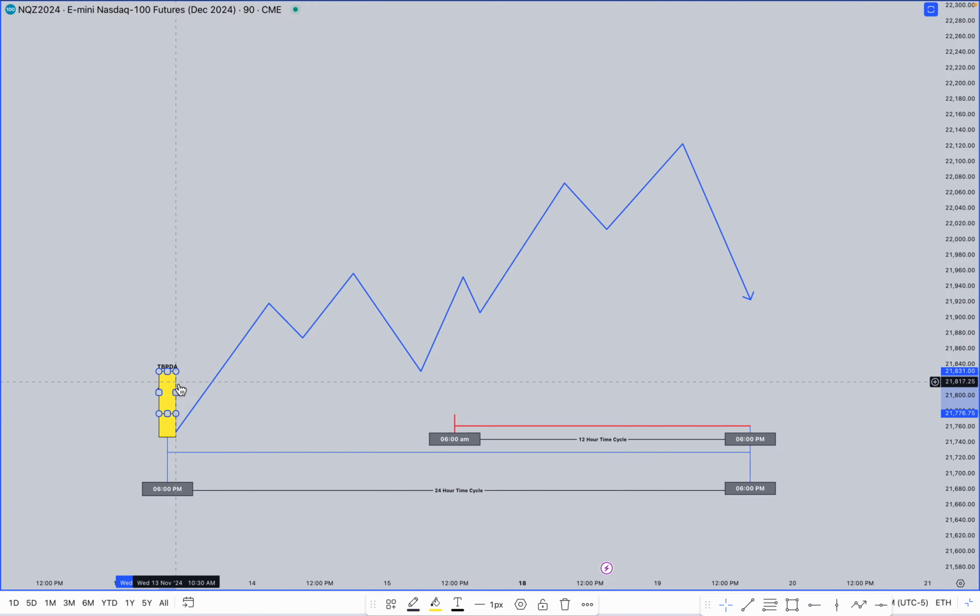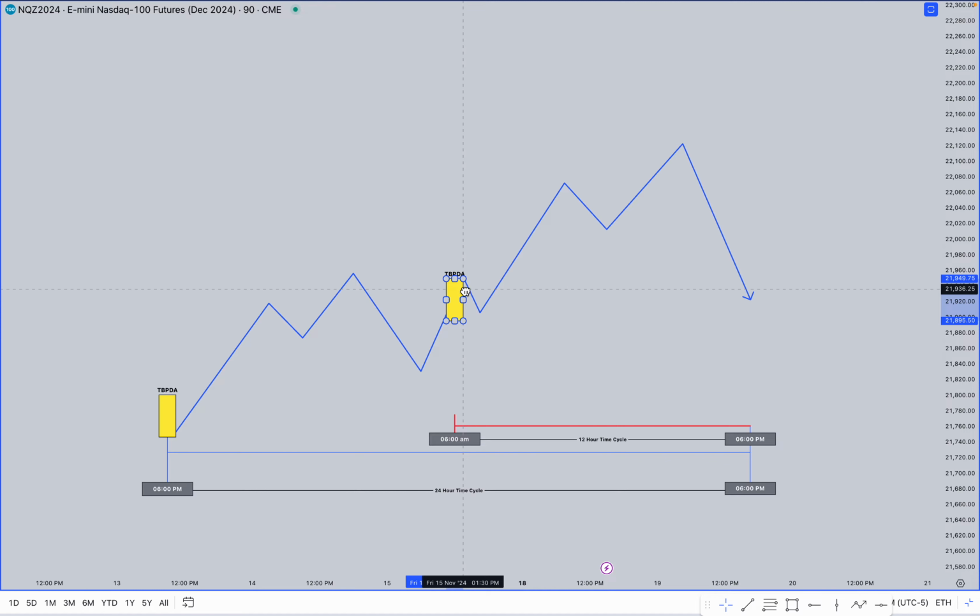Your second one would be right there. There's your time-based PD array, right? And price is right here. Which one would you think price would ideally refer to? This one down here or the one up here, right?